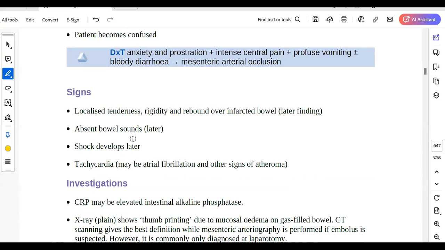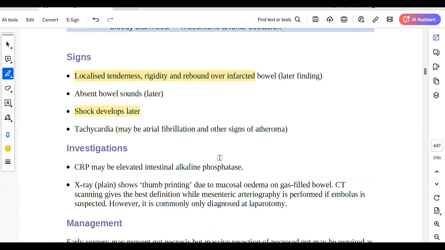And then when you examine the patient, you find periumbilical tenderness, rigidity, and rebound tenderness. At some point, the patient will also have absent bowel sounds, and even shock can develop. But it takes some time.